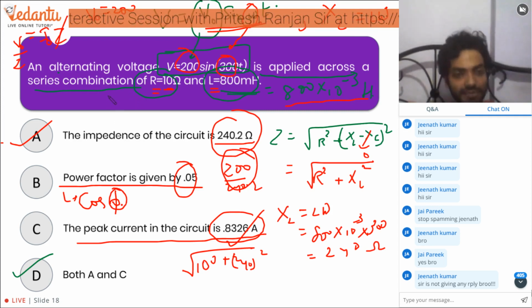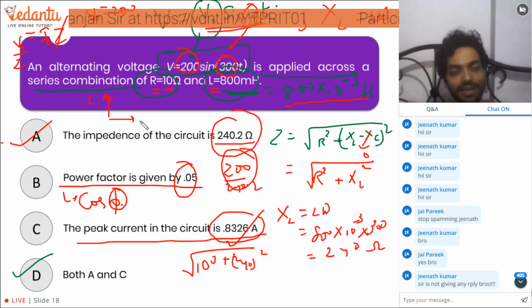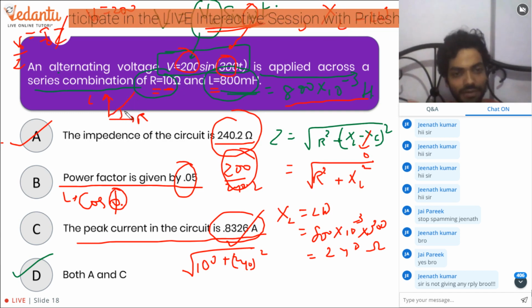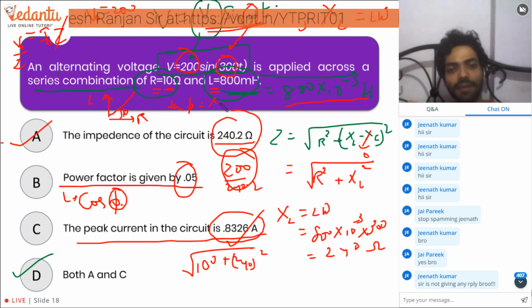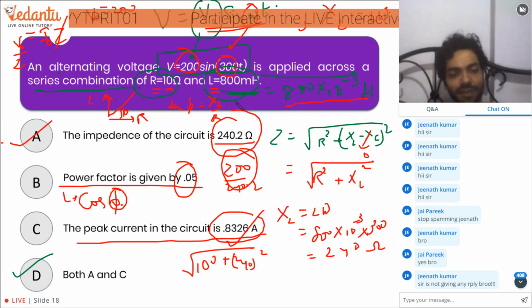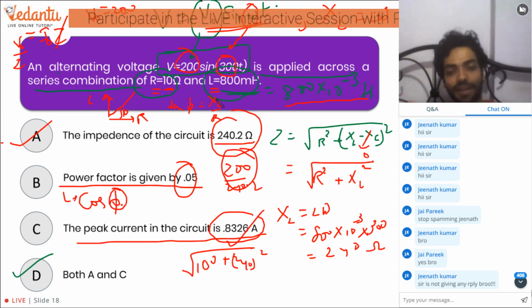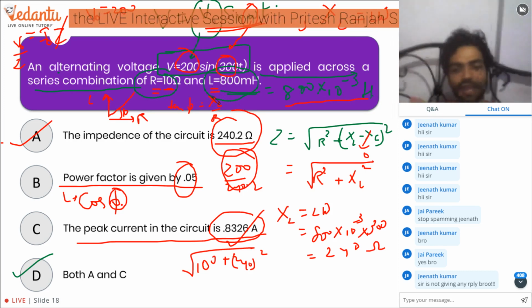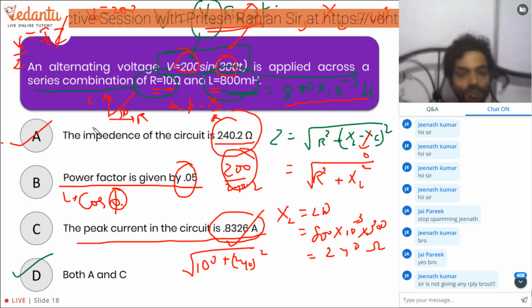In the phasor, if you remember, L is in the upper direction and R is in the right direction. So you could observe that the value of phi here will be tan inverse, or you could write tan phi is equal to XL by R. Actually the value was XL minus XC by R, but since capacitance is not present, XC will be 0.